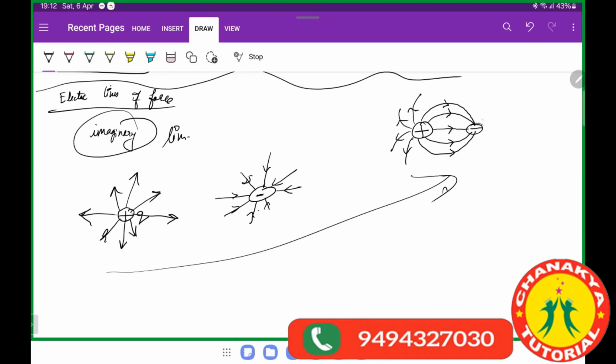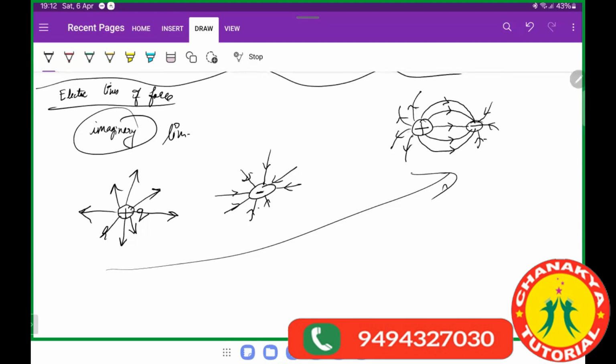Okay, sir. Now this was positive and negative. So if I take two negative charges, draw the electric lines of force for this one. They will repel. So how will you draw this one?